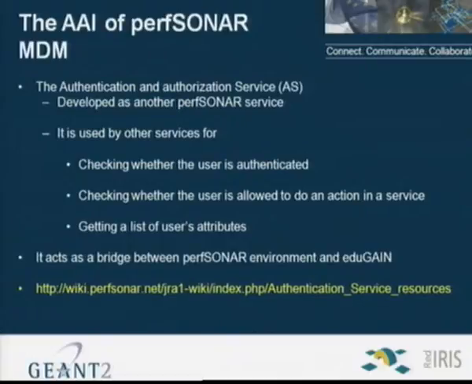So the AS is like a remote bridge element, and it's the Persona service which sends all the authentication requests, authorization requests, and attribute requests to the home bridge element of the user. You can see the URL where you can find all the information about the authentication service of Persona.